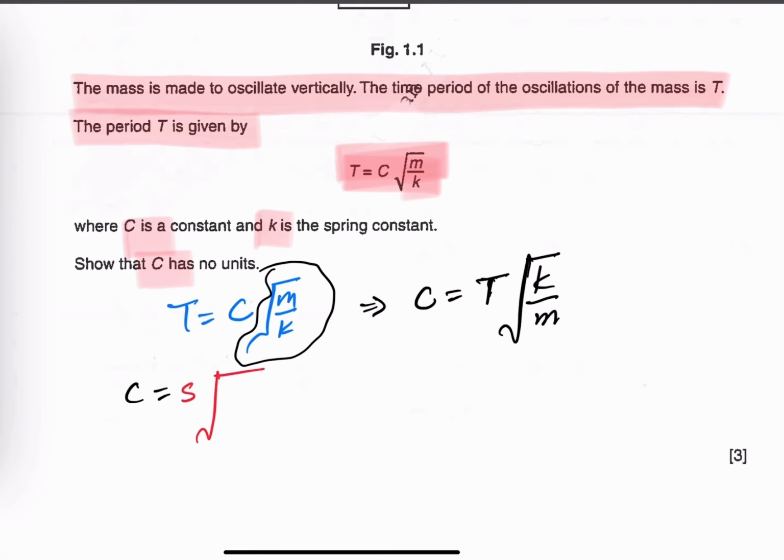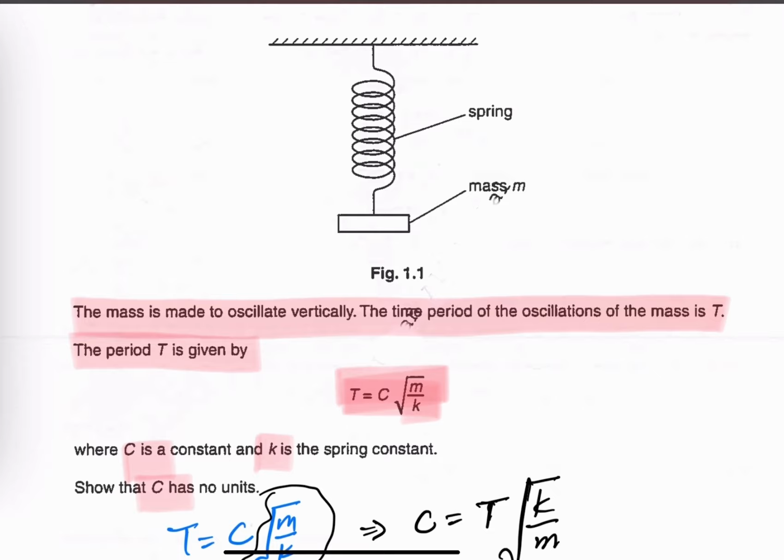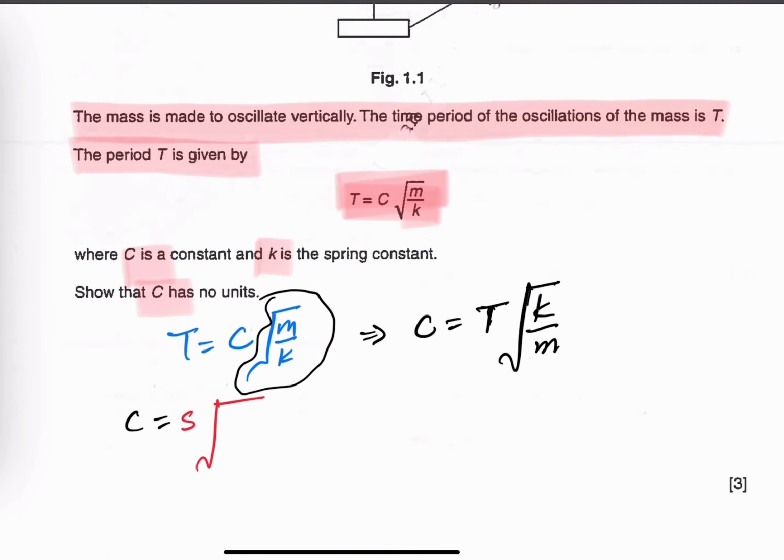Under the root, K is the spring constant. From Hooke's law, F is equal to Kx and K is equal to F by x. So the spring constant is Newton per meter, divided by mass. Mass is kg. So these are the units we have to simplify.